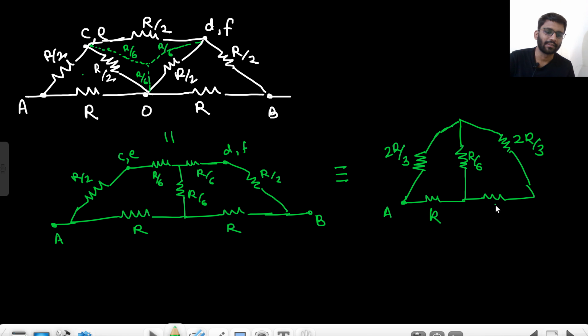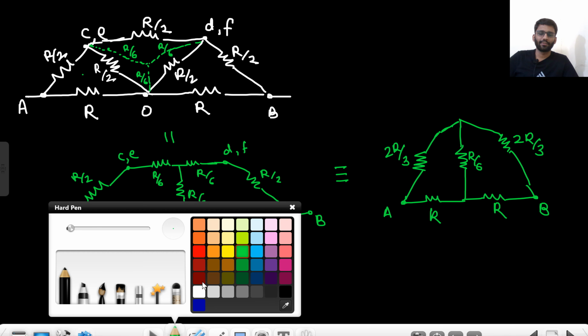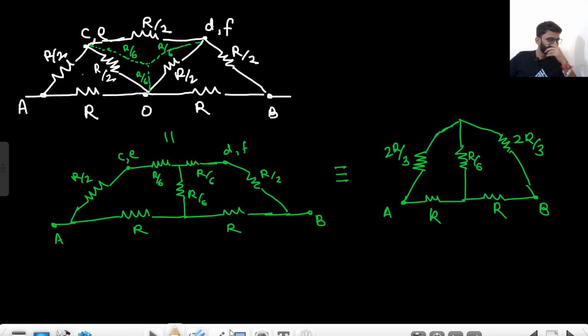This is R and this is also R. So tell me, what will be the current through this R by 6? If anyone can tell me. 0. Why so? Because it is acting as a Wheatstone bridge.